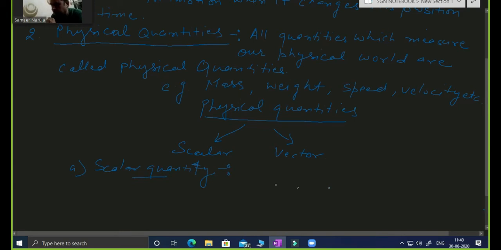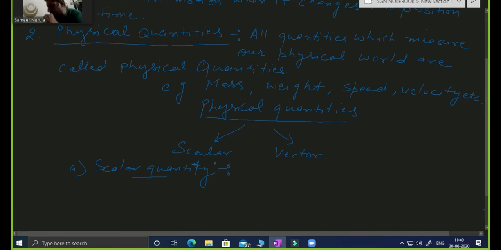Any physical quantity can be completely described with the help of magnitude and direction, two parameters.